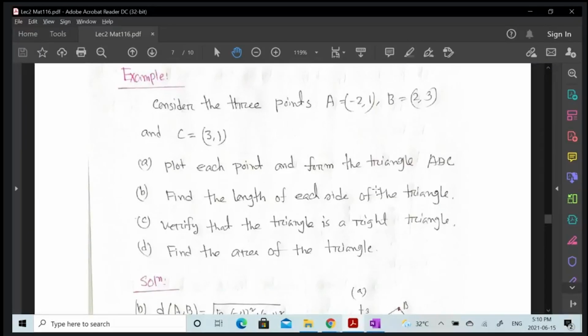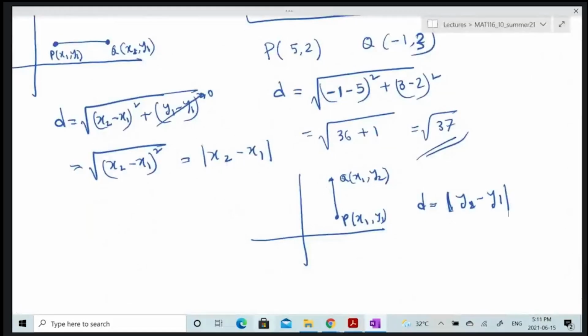The first one tells us to consider 3 points, A, B, and C. For the first problem, we plot each point, and when we join these points, we'll have a triangle. So let's first plot them.